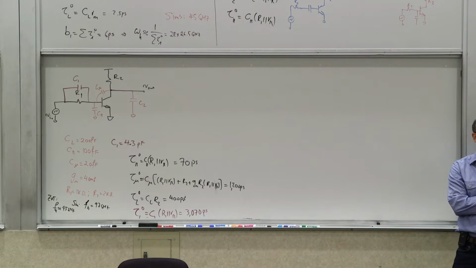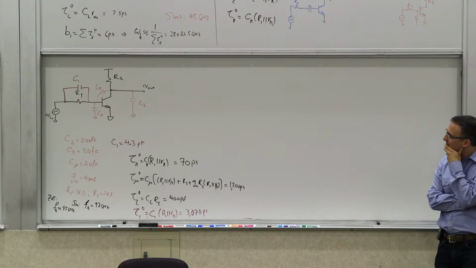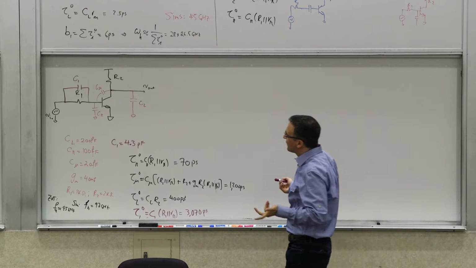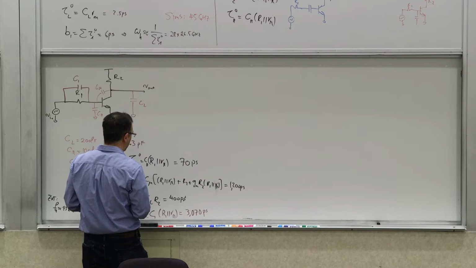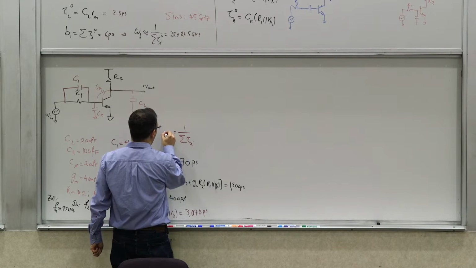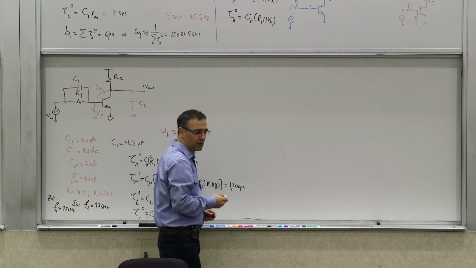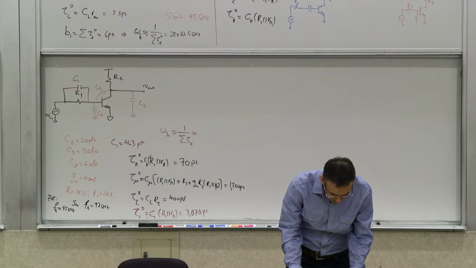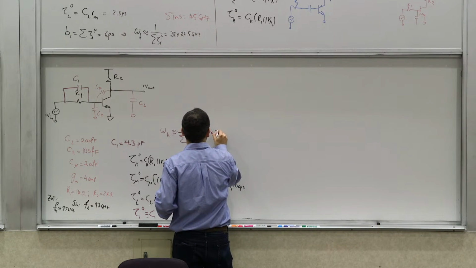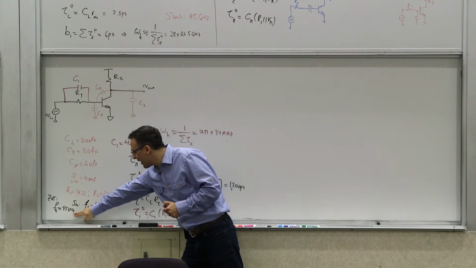So now let's look at this and see what happens. What's the new sum of the time constants, the new bandwidth estimate? If you add these up, you get a sum of the time constants which is now going to be larger. If you approximate your omega h with that, you get about 2 pi times 34 megahertz, which is expected, because we were at 95 megahertz before.